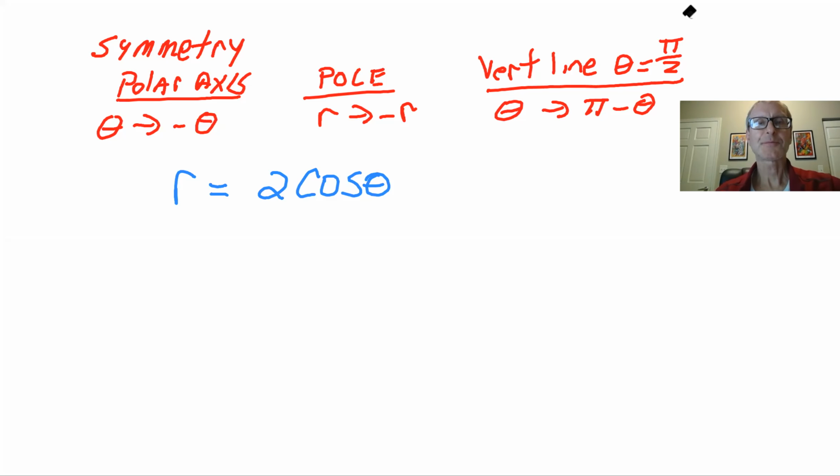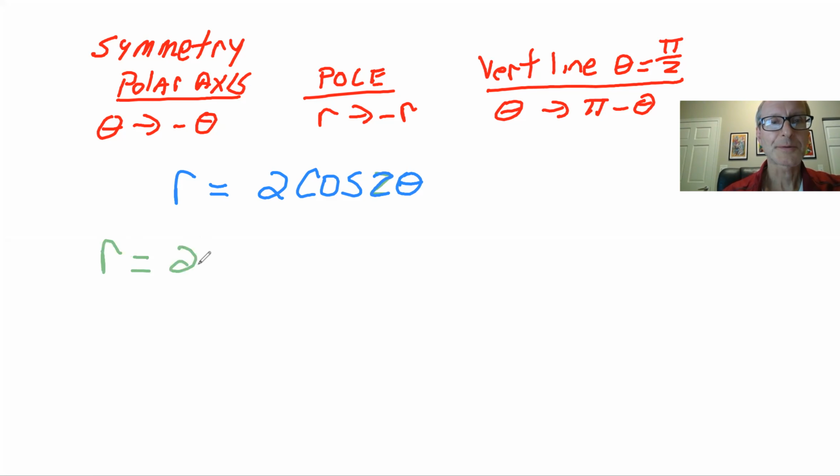Okay, so let's redo the calculation with a slightly different equation and show you how you do get symmetry. So say we can make this 2 theta instead of just theta. So again, let's replace it.